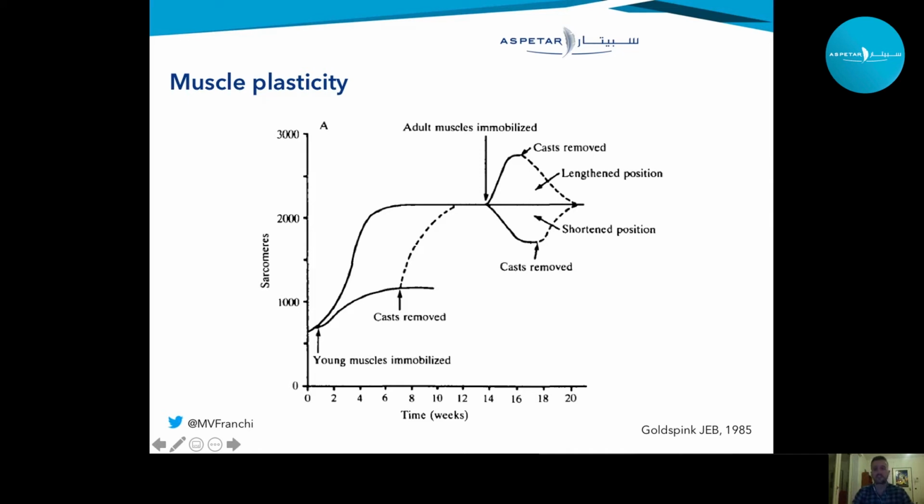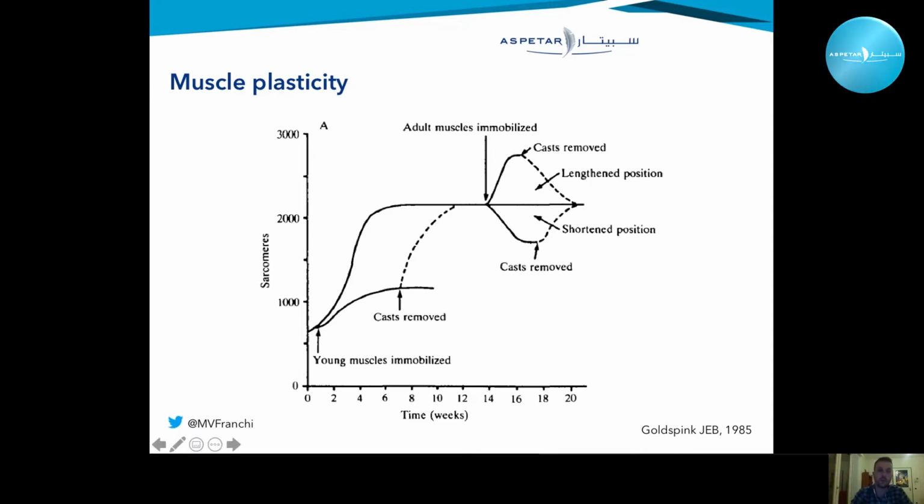For example, this is an elegant figure that was presented by Goldspink in a review in 1985, related to the addition or loss of sarcomeres in series in mouse muscle. You can see that when the mouse is born, it starts adding sarcomeres in series. So during the development stage, fascicle length is elongated by the addition of sarcomeres in series.